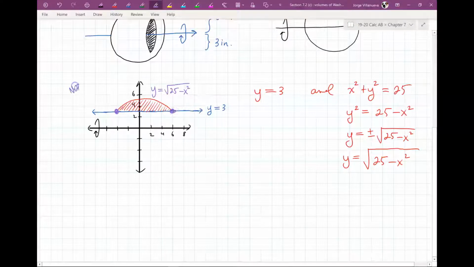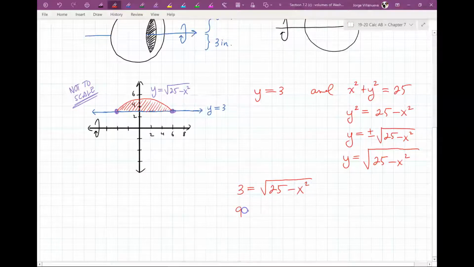And I'll put right here, not to scale, right? That way you're not going to say like, oh, it's at 6 on one side and at -4 on the other. Maybe it's at -6, maybe it's at 4, -4. Who knows? So let's actually do the work and figure this out. So 3 is equal to the square root of 25 minus x squared.